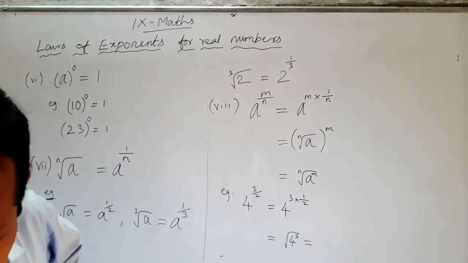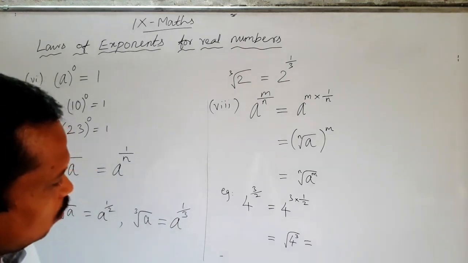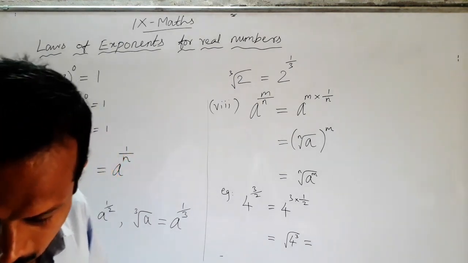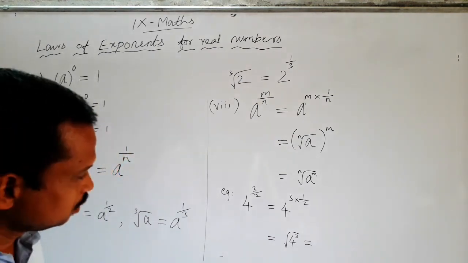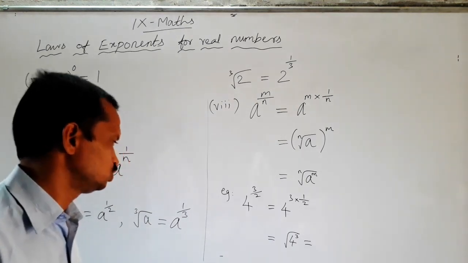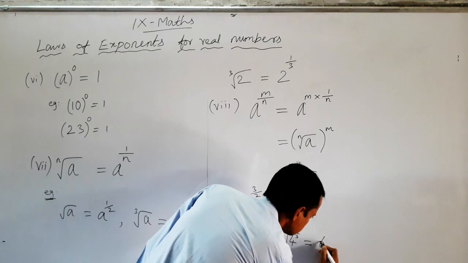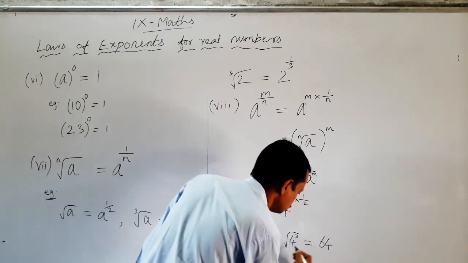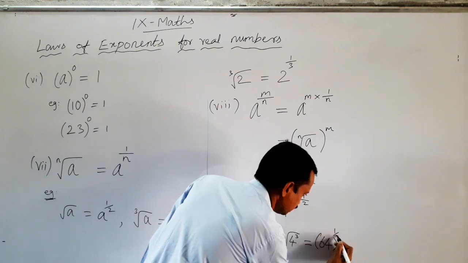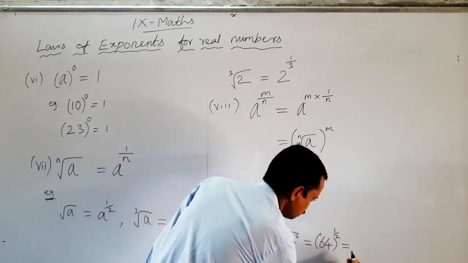So that's one. Square root of 4 cube. And this is nothing but 64. So 64 whole to the power 1 by 2, like that we can take. Am I right?